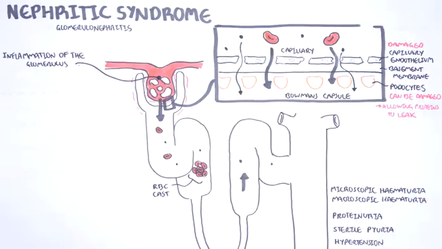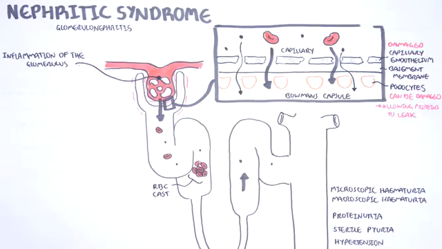The anti-glomerular basement membrane antibodies are also directed against glomerular basement membrane found in the alveoli, as mentioned. So as a result, approximately 40 to 60% can present with concomitant alveolar hemorrhage, and a small proportion of patients may present with isolated pulmonary findings.